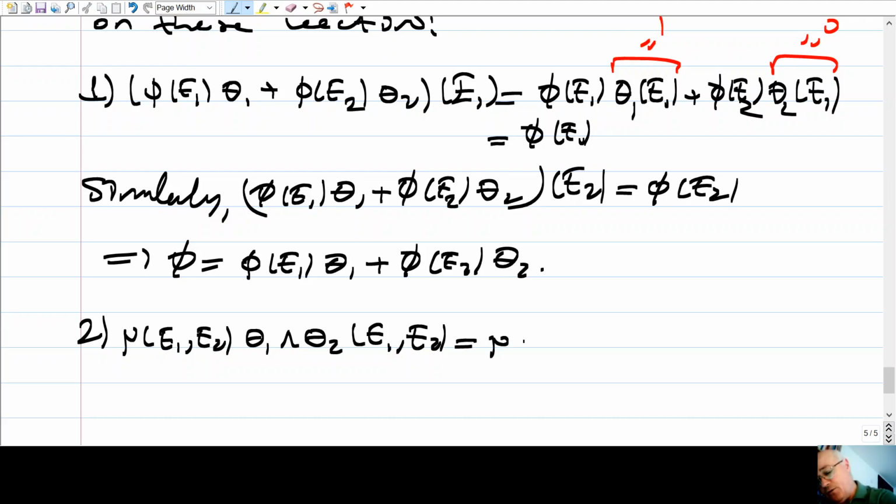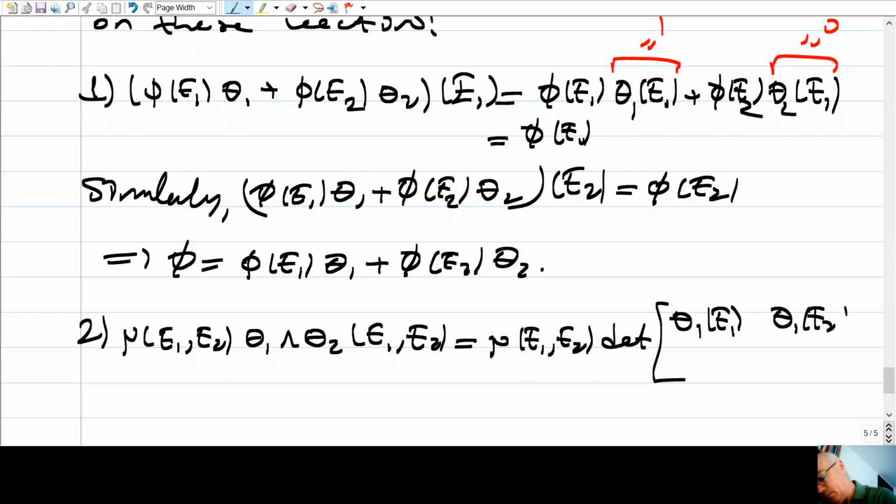This is the coefficient function, so I just keep it outside, and then I compute this two form on these two vectors. How do we compute this? Well, this is just the determinant of what? I take the first form, compute on the vectors, and then take the second form, compute on the vectors, and form this matrix.